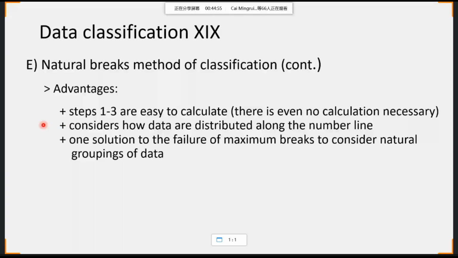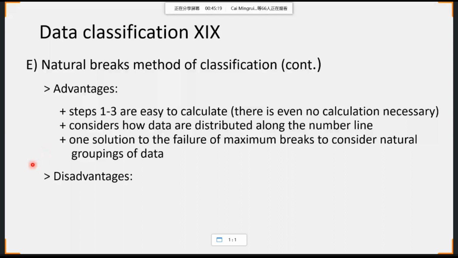It considers how data are distributed along the number line. So this is what we do when we look at the dispersion graph or histogram. It is one solution to the failure of maximum breaks to consider natural groupings of data. So they are more taken into consideration here, these natural groupings or clusters.